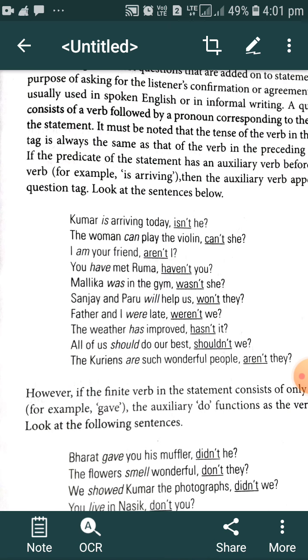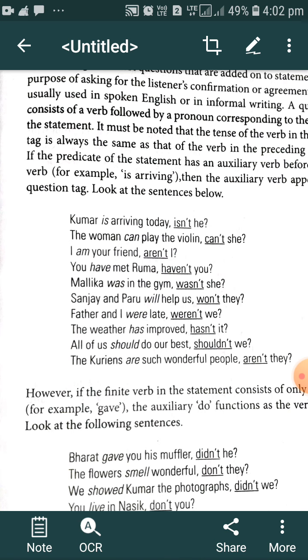Sanjay and Paru are third person plural nouns. That's why we have used the third person plural pronoun they. Third person: he, she, it, they. He, she, it are third person singular pronouns, and they is the third person plural pronoun.